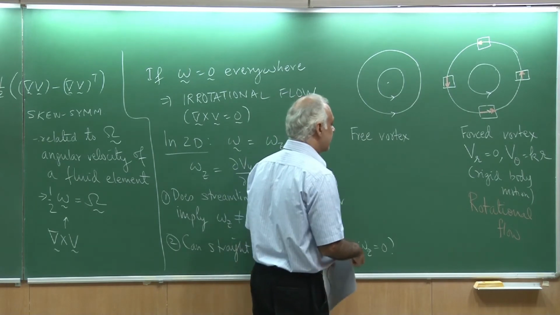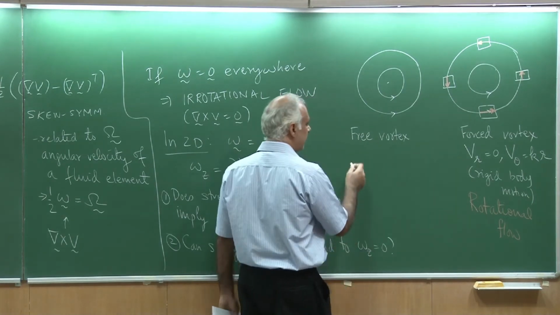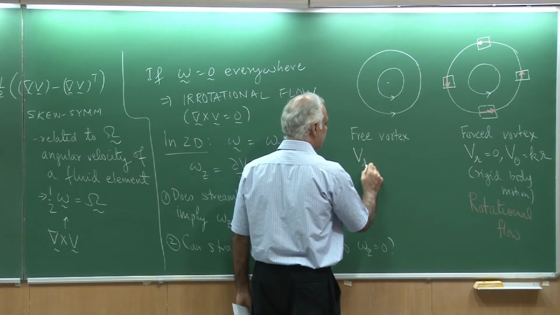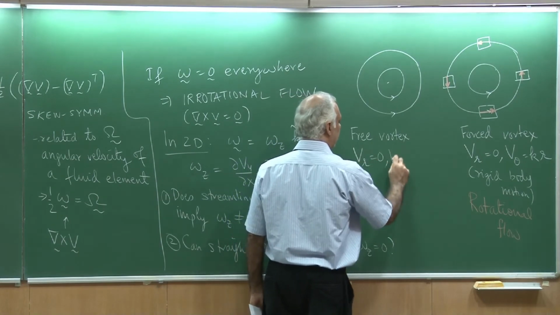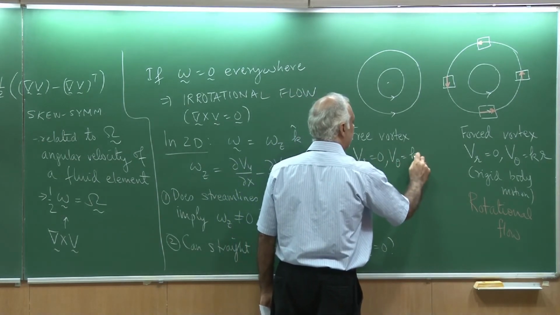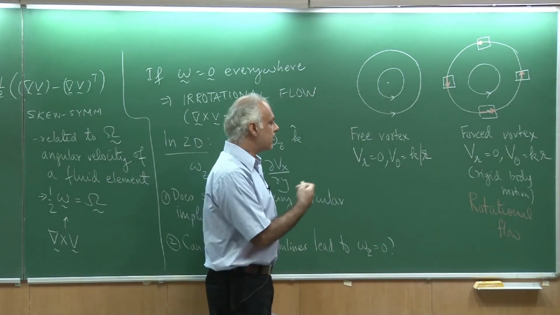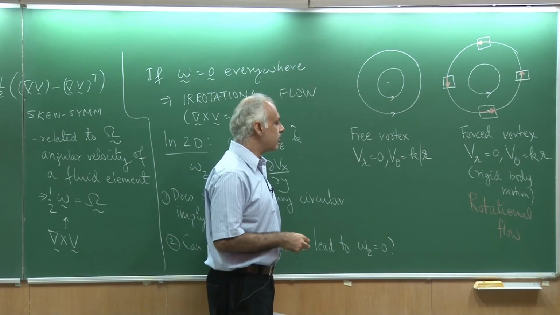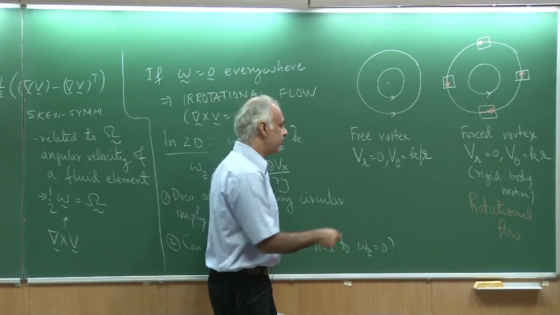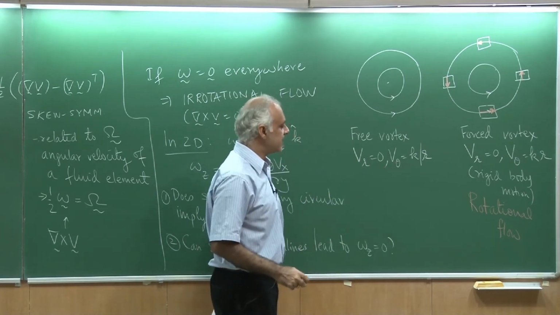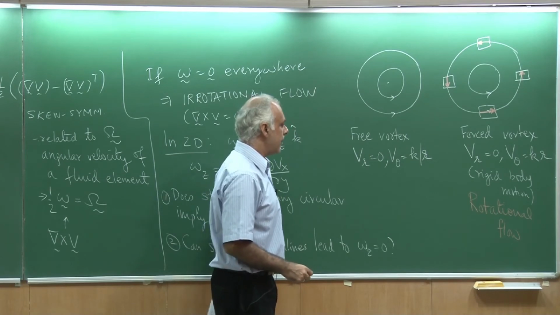How about a free vortex? For a free vortex, an example is that the radial speed is 0 and V theta could be something like k by r. I am not arguing for you how the fluid elements would behave from this speed. You can check that by working it out.